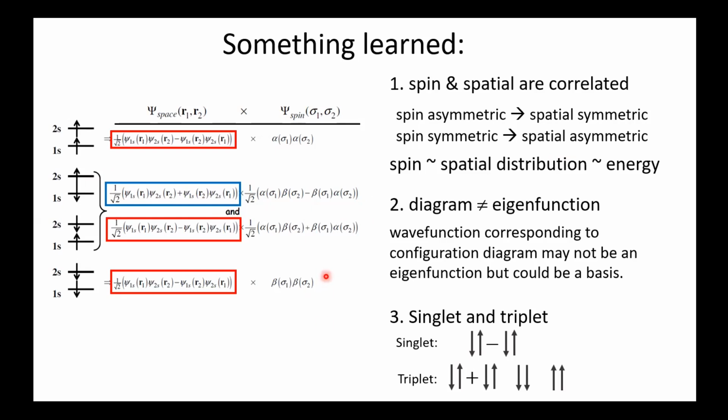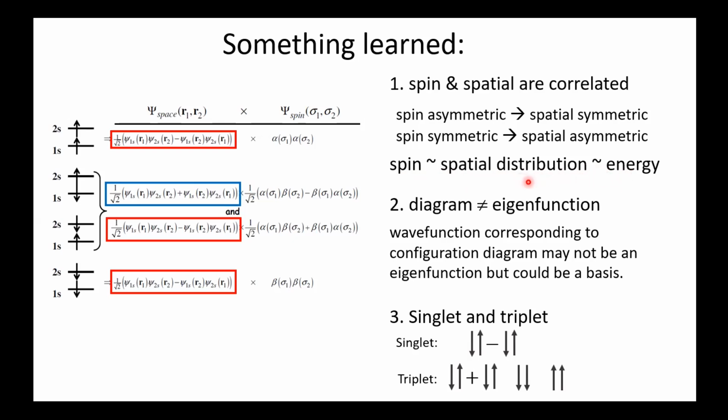Everybody agrees? Okay, good. So what that means is actually more far-reaching. We do not really have to go to further mathematical derivation, but now we have some idea that spin really correlates to the spatial distribution, right? Because this spatial wave function is the part that describes how the electrons are distributed within space. But this correlates to the spin. And what that means is spin correlates to the spatial distribution and in turn correlates to the energy.